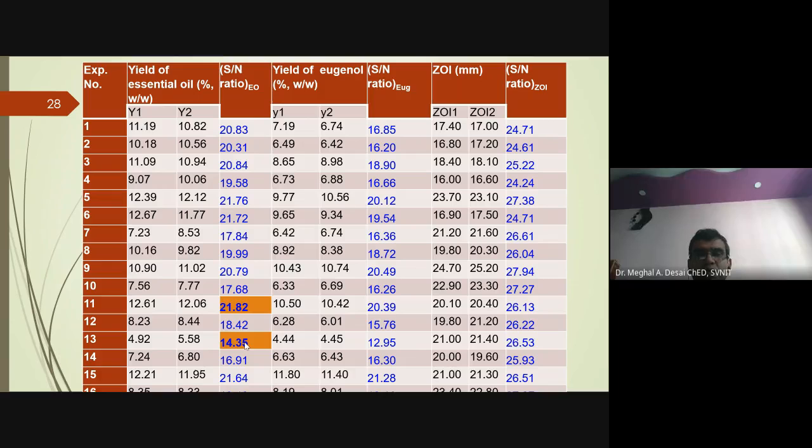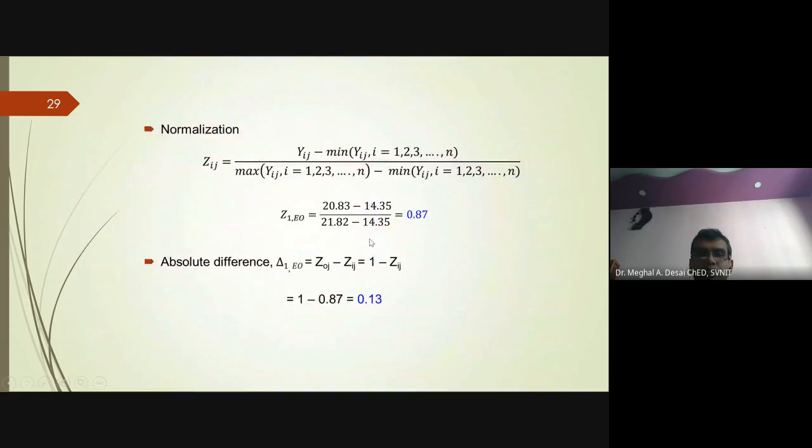These values will be used for computing Z. As you see in the Z equation, 21.82 maximum, 14.35 minimum, and 20.83. It is the first experiment.